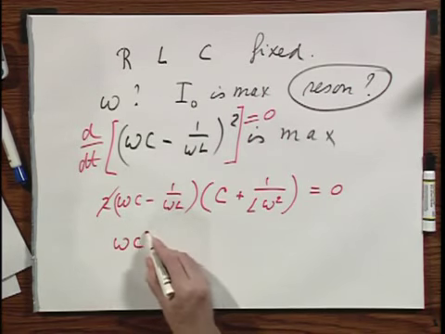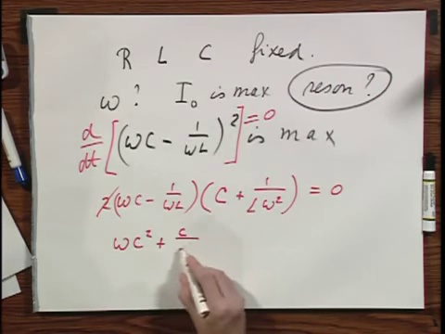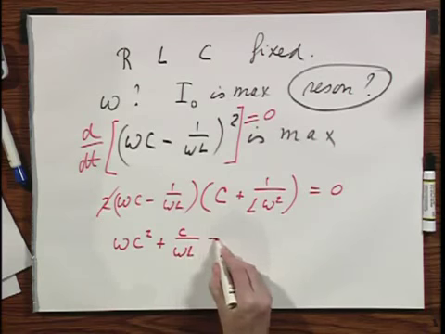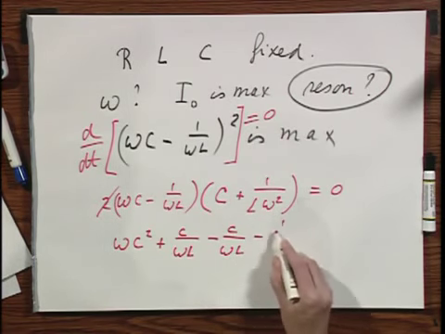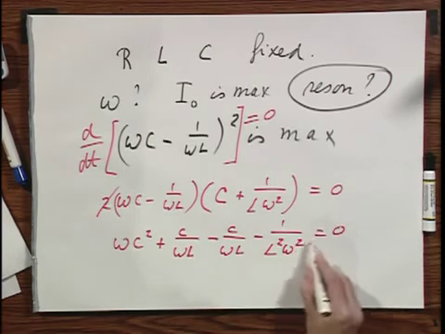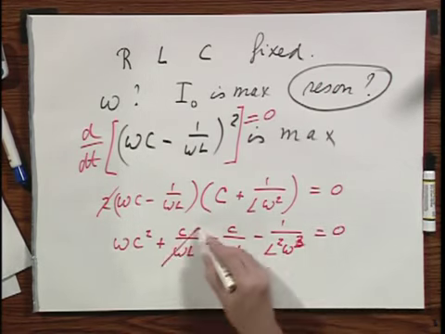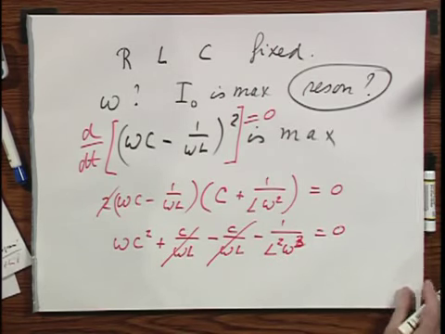So I get omega C squared plus C divided by omega L, minus C divided by omega L, minus 1 divided by L squared omega cubed, and that is 0. And these two cancel out. And what do I find?